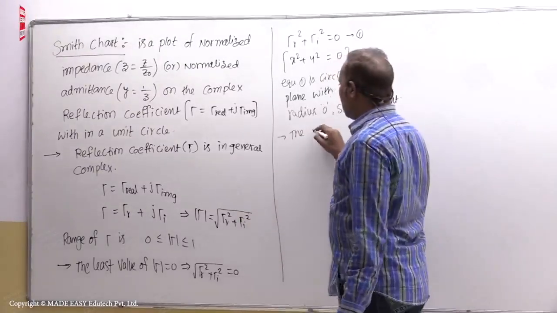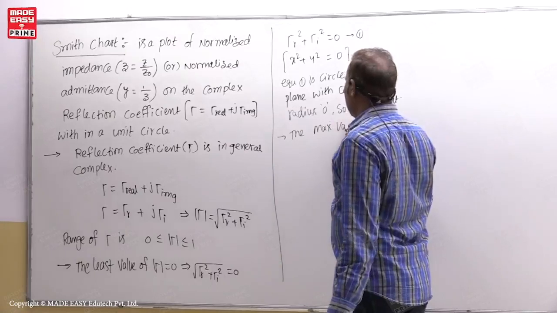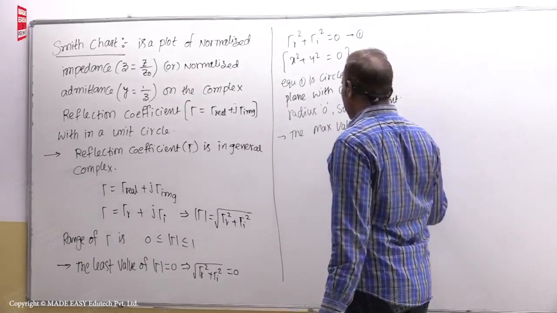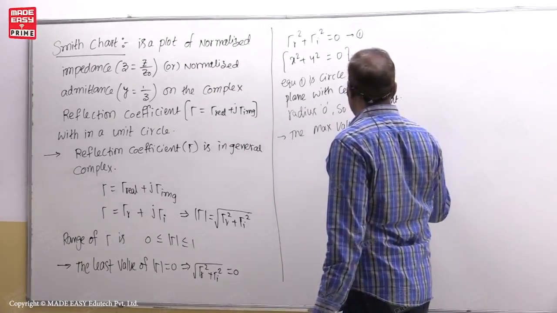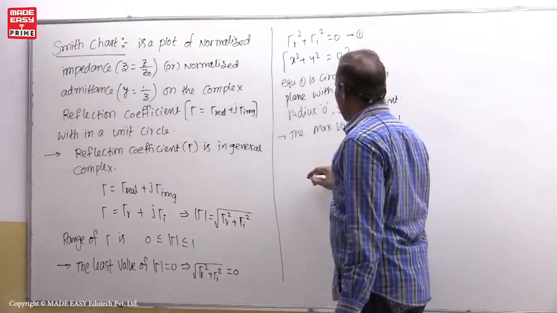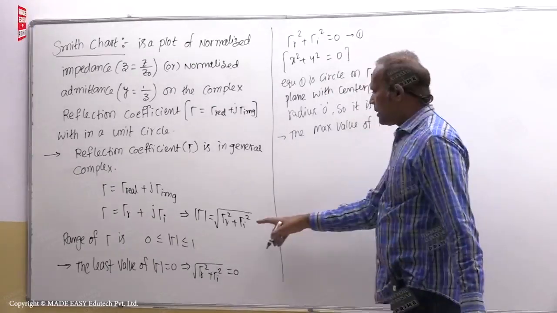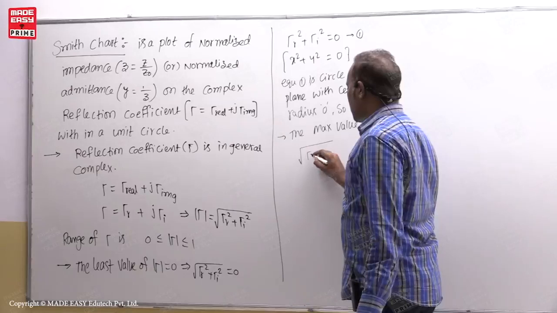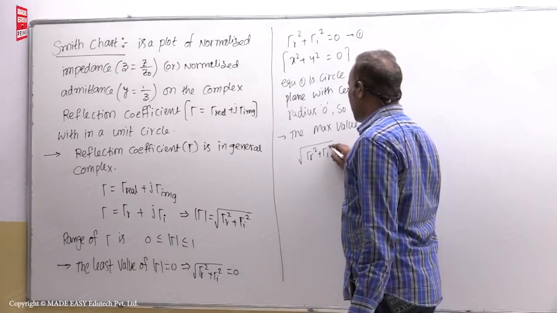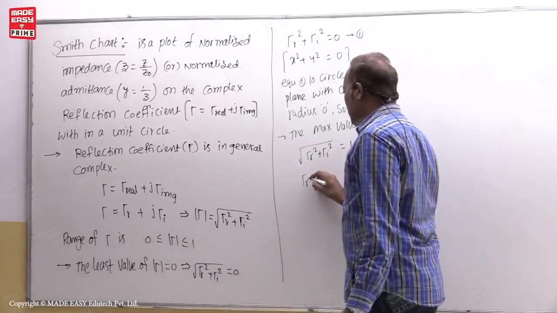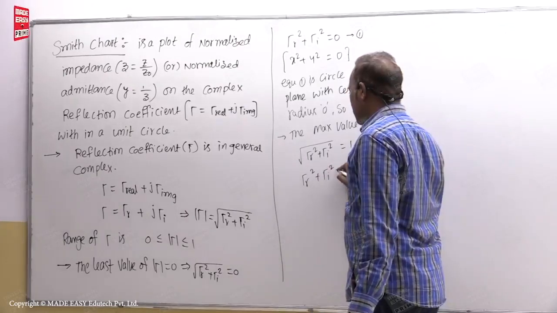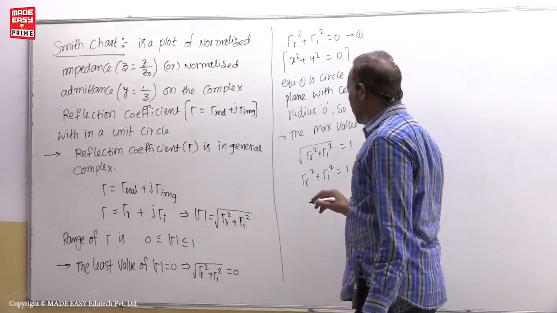The maximum value of mod gamma is equal to 1. So here mod gamma is root of gamma r square plus gamma I square is equal to 1. So ultimately gamma r square plus gamma I square is equal to 1 you get.